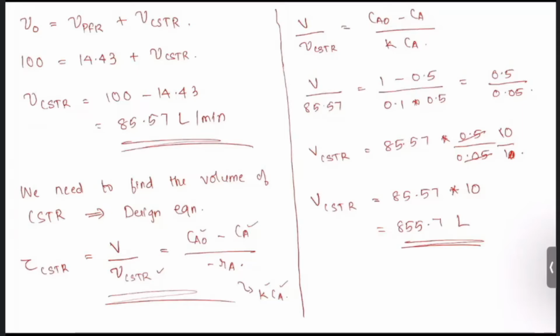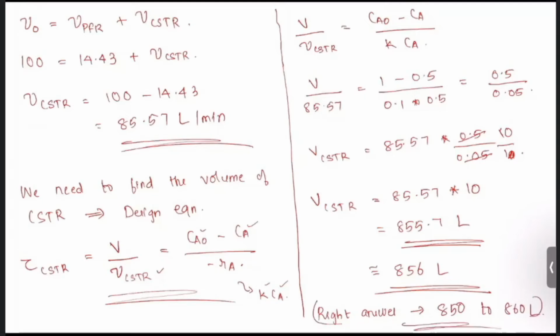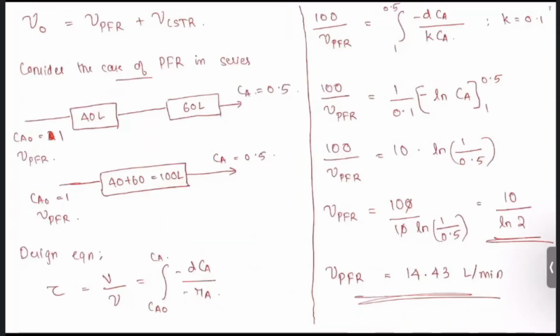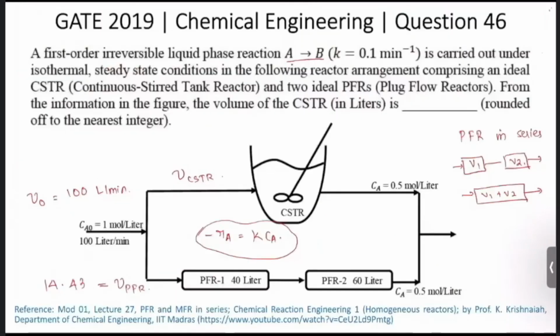Since we are asked to round it off to the nearest integer, the V CSTR will be approximately 856 liters. The correct answer may vary between 850 to 860 liters. So the volume of the CSTR in this question, rounded off to the nearest integer, will be 856 liters.